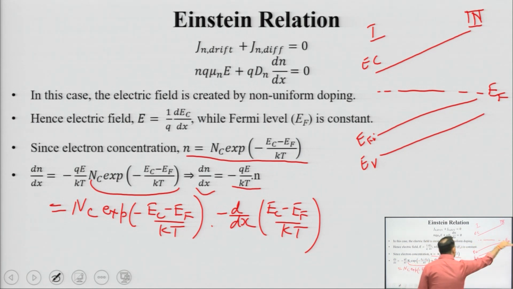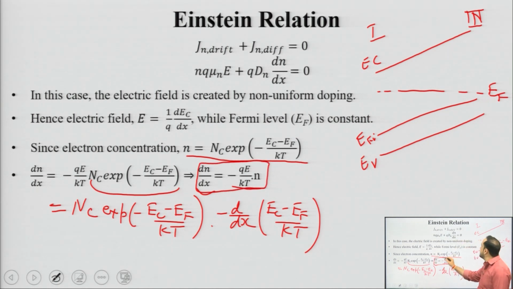Now, the Fermi level is constant with respect to x, so dE_f by kT is going to be 0, but E_c varies with respect to x. So, you are going to get dE_c/dx, which is nothing but q times E. Finally, you are going to get this expression here.